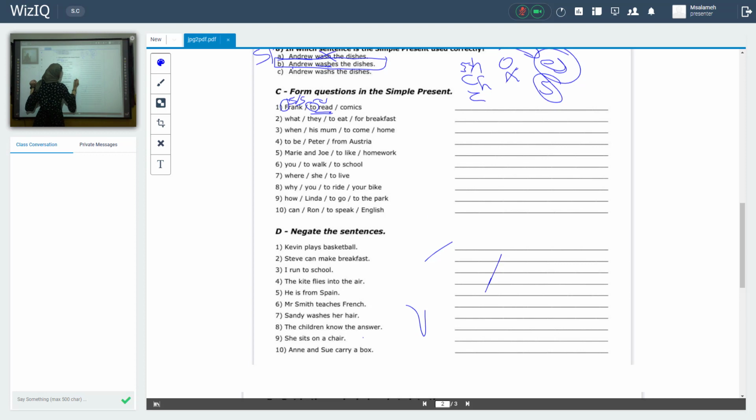We have do or does, followed by what? By the subject, followed by what? Verb infinitive. And already here we have this infinitive verb because to is followed by a verb infinitive. Okay, do, does, subject, verb infinitive plus object. Frank, do.